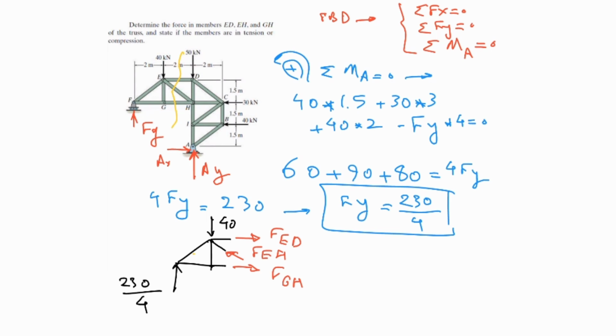Actually, we need to use sigma of x equal to 0, sigma of y equal to 0, and sigma M around any point equal to 0. The point that we can select here is E, because 2 of them are going through that.